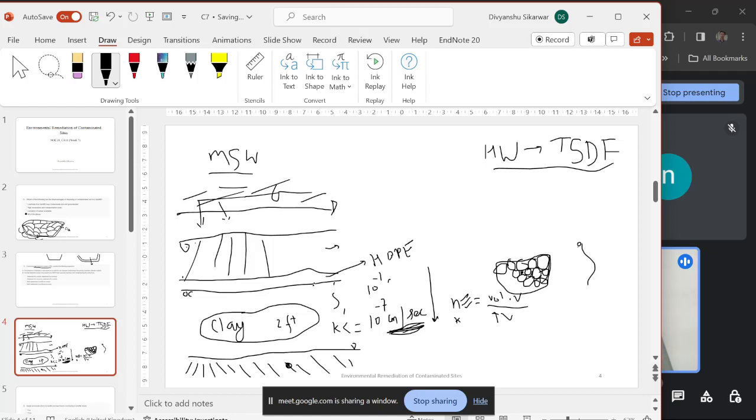But in this stratification, there is no leakage detection system, right? Only if the leachate is able to move through the HDPE, which has very low permeability, almost impermeable.